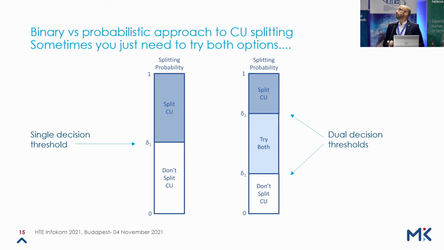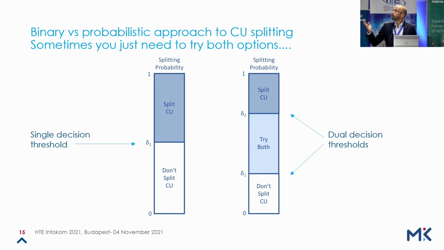So you can actually use dual decision thresholds to trade some of your computational savings for a more accurate classification. Because, for example, you can go for a binary approach. You get your returned probability, and if your neural network thinks your block should be segmented, you segment it and you don't even try the non-segmentation option.